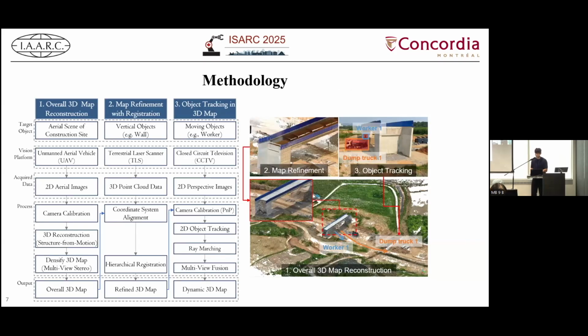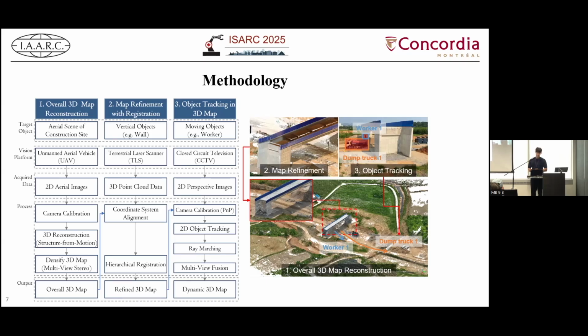The methodology consists of 3 steps. Step 1 is overall 3D map reconstruction. 2D aerial images captured from the UAV are processed to generate an overall 3D map. And step 2 is map refinement with registration. Vertical objects like walls are scanned with TLS, and this TLS-based point cloud is then aligned with the UAV map to refine the key structures.